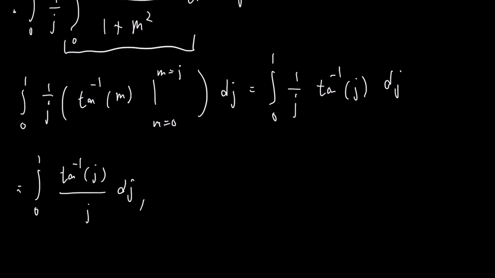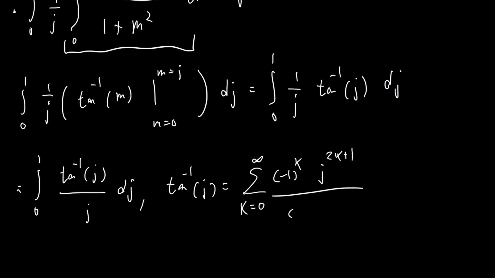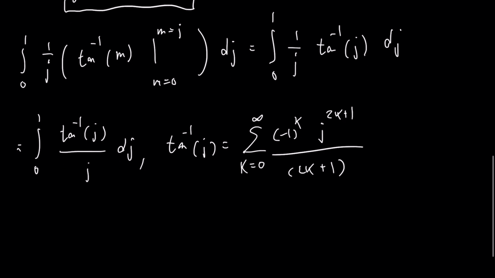And if you recall the power series of the inverse tangent, we have tangent inverse of j is equal to the sum from 0 to infinity of negative 1 to the k, j to the 2k plus 1, over 2k plus 1.